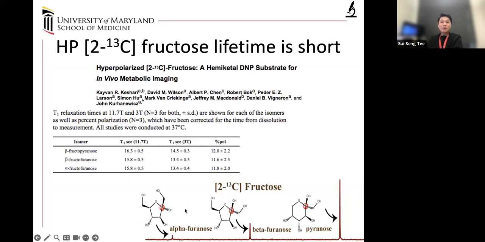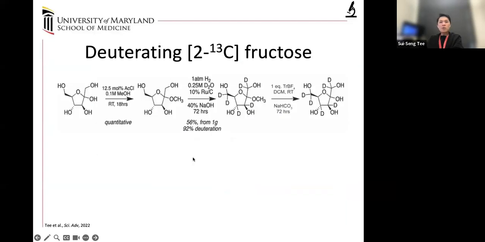Unfortunately, fructose is full of protons, and these protons shorten the lifetime of the hyperpolarized product. So we had to find a way to replace these protons with deuterium to lengthen the T1 so that we have more time to image, either the mouse or the patients.